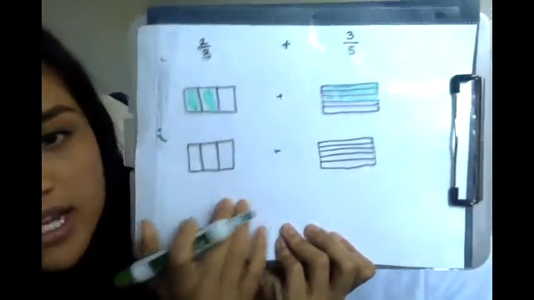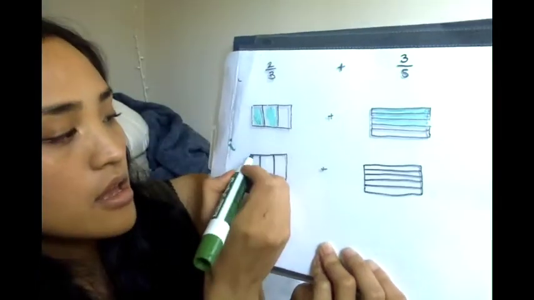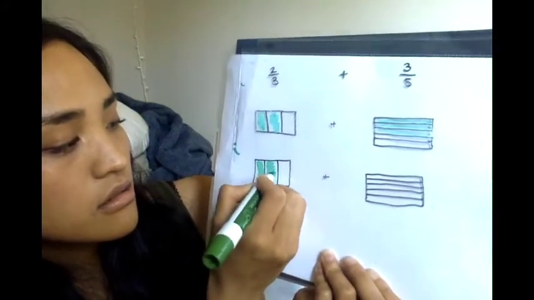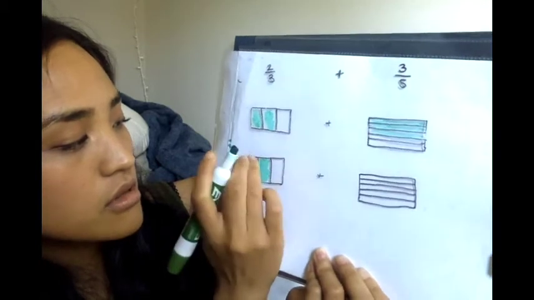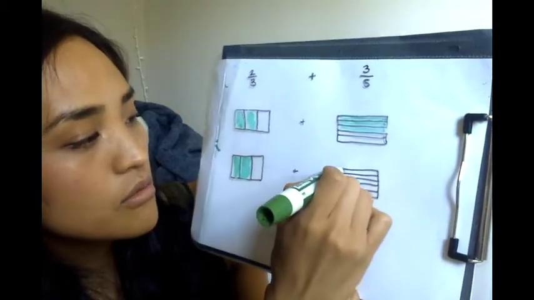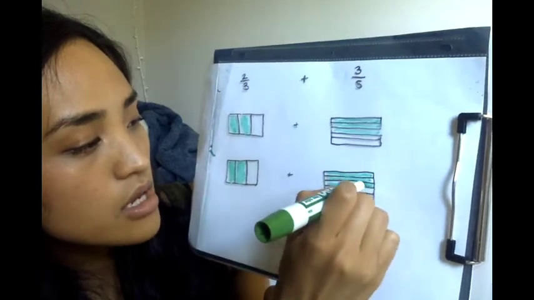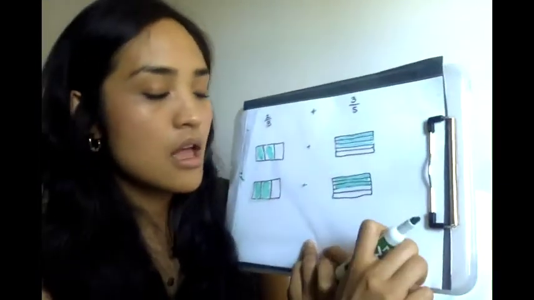Awesome. Okay. So here we have the same pictures drawn on the bottom, and now I need to color the pieces just like so. 1, 2, and 3. Awesome.